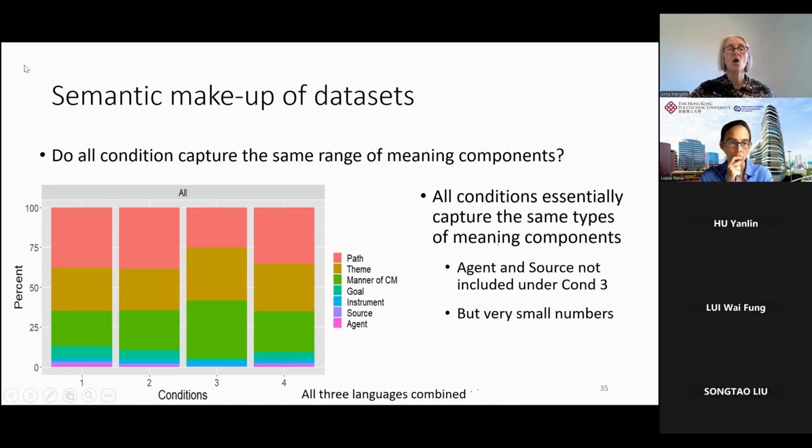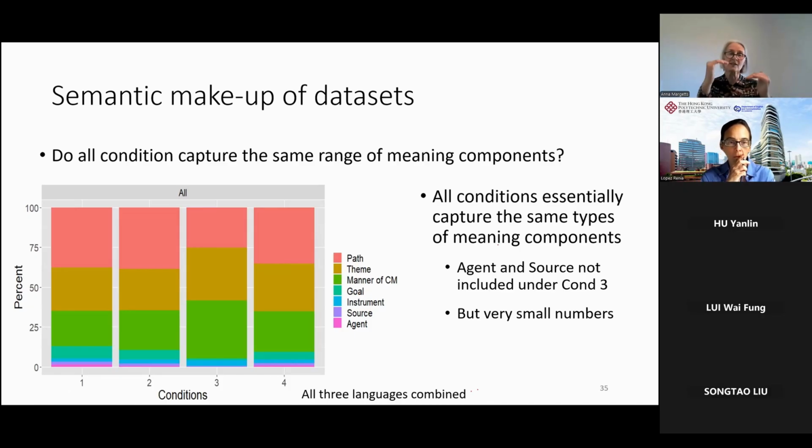So we asked, do all conditions, all definitions of gesture inclusion, capture the same range of meaning components? And we can say overall, yes. It's not that in one bar we have only red and beige, and in another bar we only have green. So we find the same colors represented.